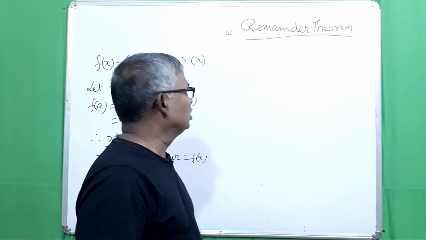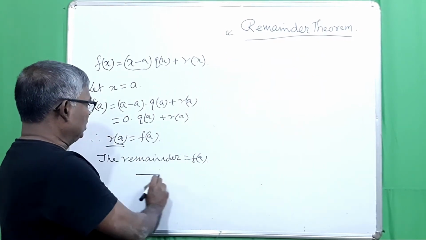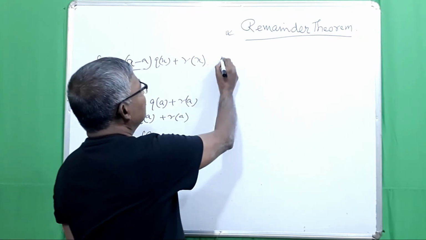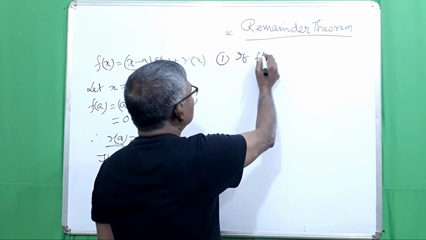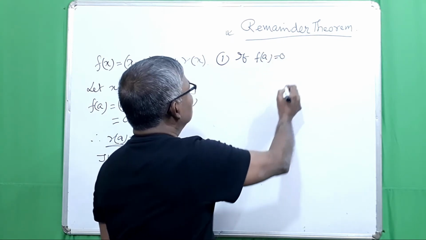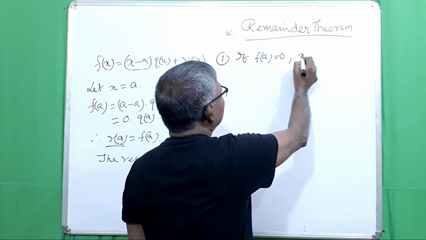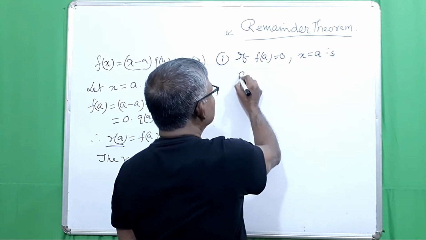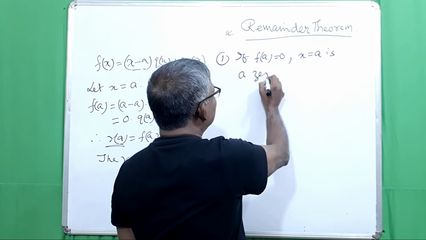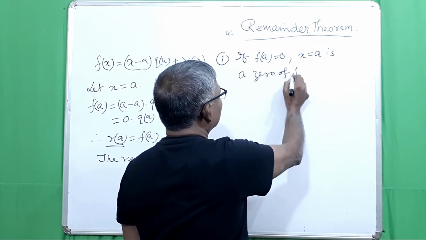Students, from this theorem we can conclude that if f(a) equal to 0, then we say x equal to a is a zero of f(x).